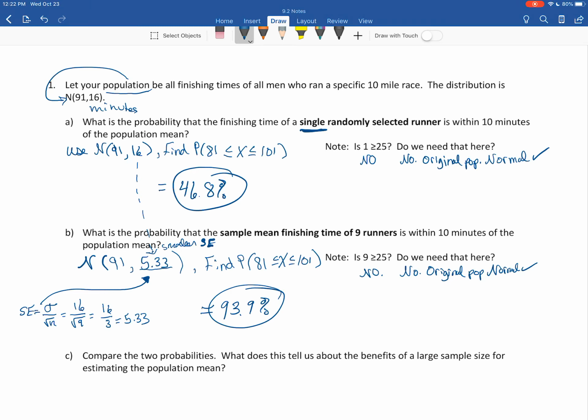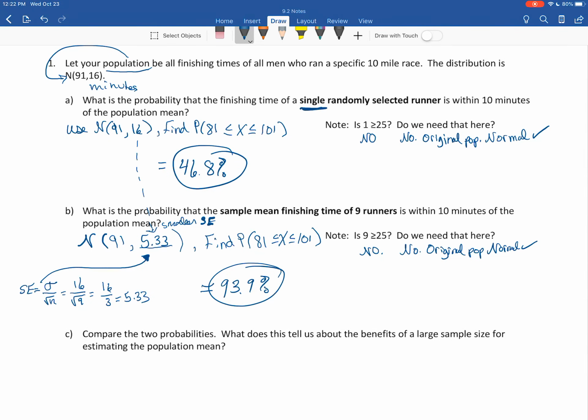So it says, comparing the two probabilities, what does this tell us about the benefits of a large sample size for estimating the population mean? This should not really be surprising. Larger samples, like we got in Part B, give us more accurate results. Why is that? Because large samples have smaller standard errors.